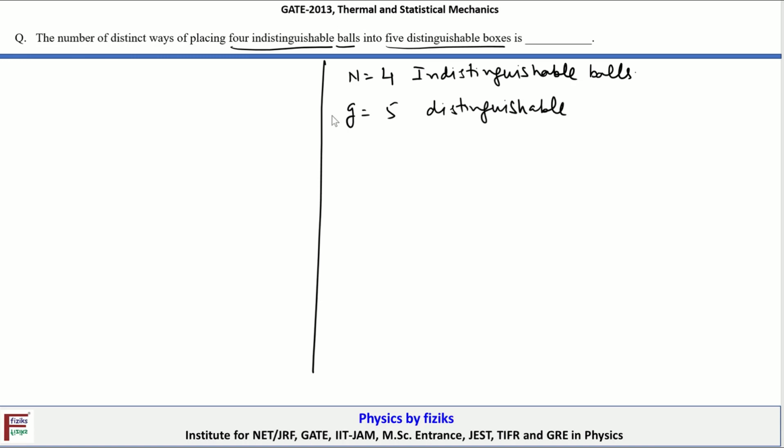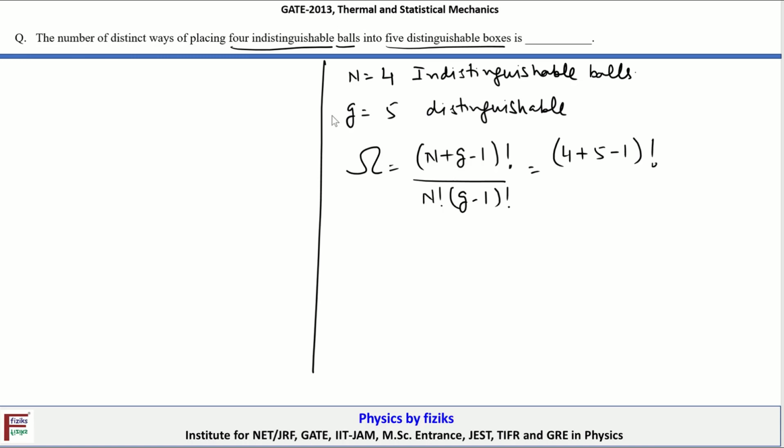So this problem is identical to distributing 4 bosonic particles in 5 different energy levels, and the corresponding number of ways, omega, is equal to (n plus G minus 1) factorial upon n factorial into (G minus 1) factorial. So that is equal to (4 plus 5 minus 1) factorial divided by 4 factorial and (5 minus 1), that is again 4 factorial.